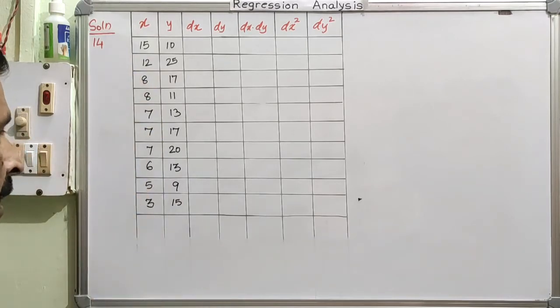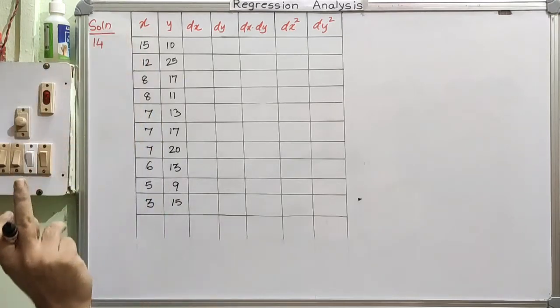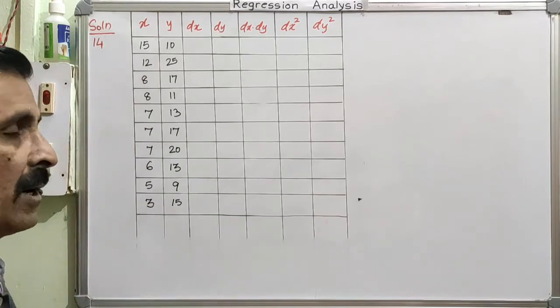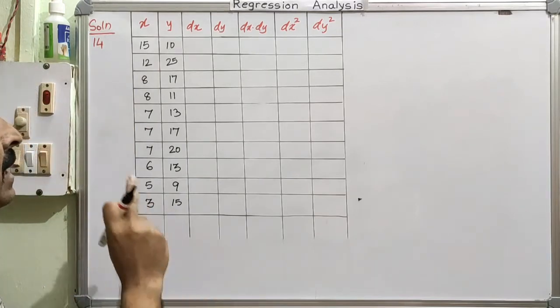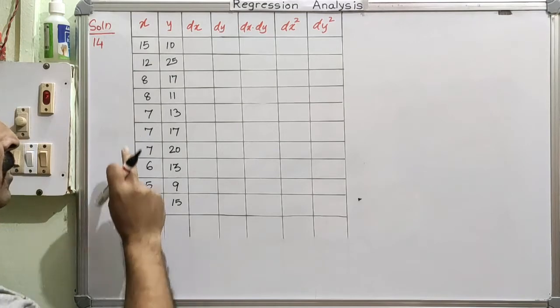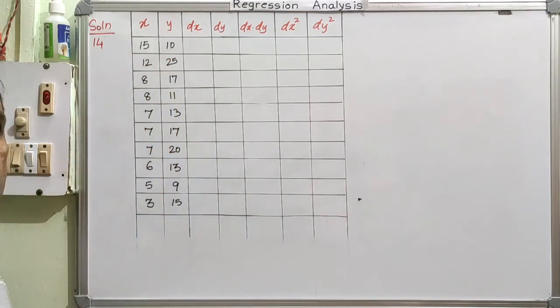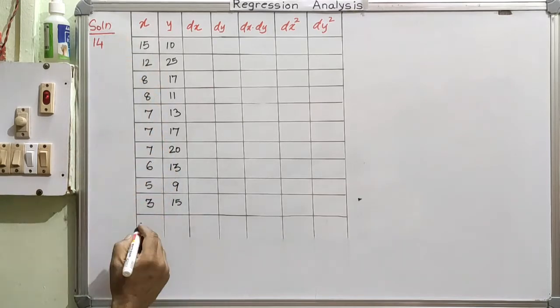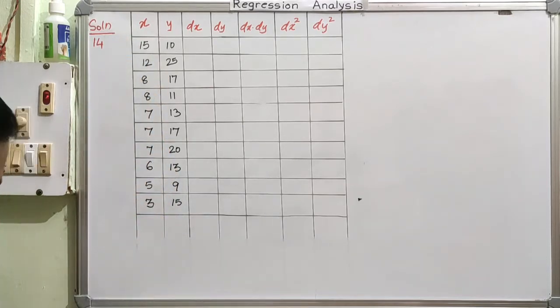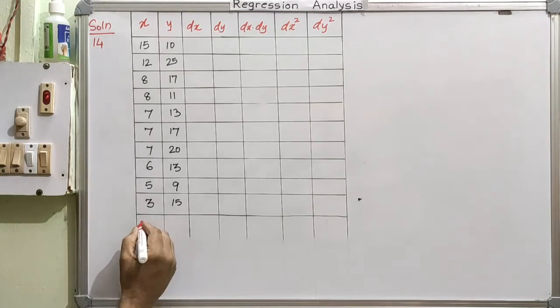Okay. Now, what I told you in the previous question, what we need to find out first of all, we need to find the mean values. And for mean values, we need the sum of all the values of x. So add all these numbers, the sum of all this is coming as 78.